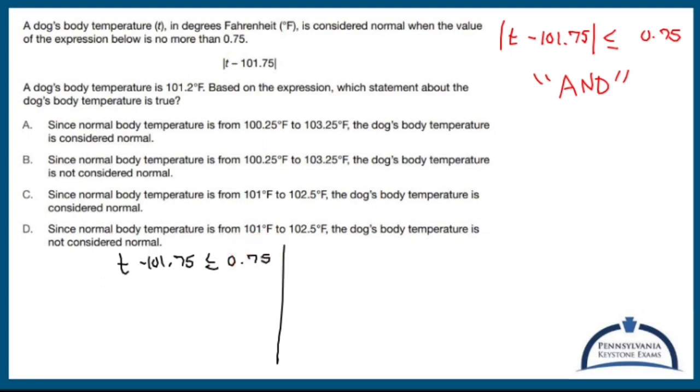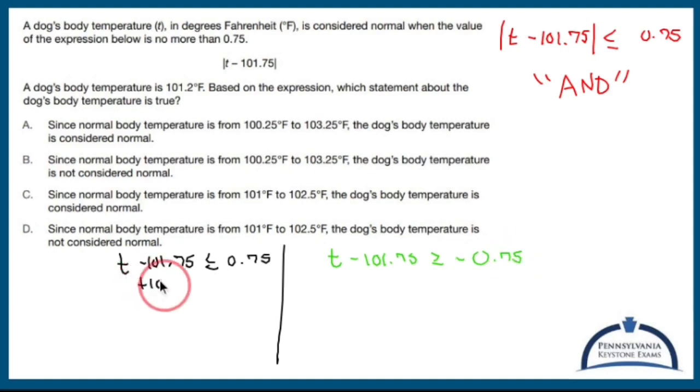The other guy, you're going to get rid of the absolute value, but keep the left side exactly the same, 101.75. Flip the sign, so greater than or equal to, and then make this opposite, negative 0.75. Now you solve each inequality the way you normally would.